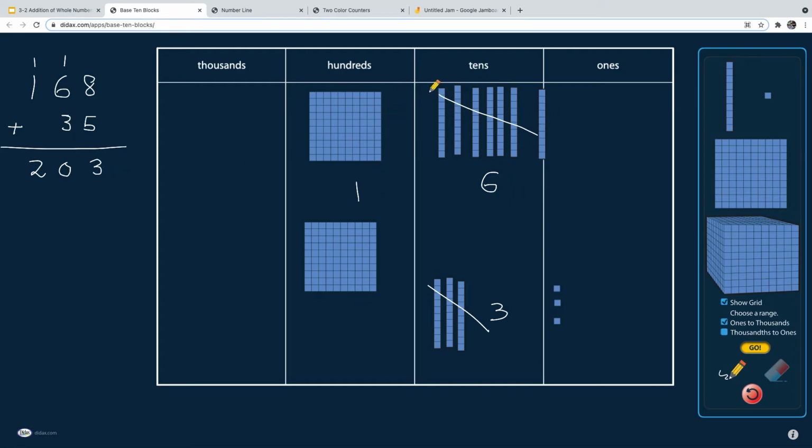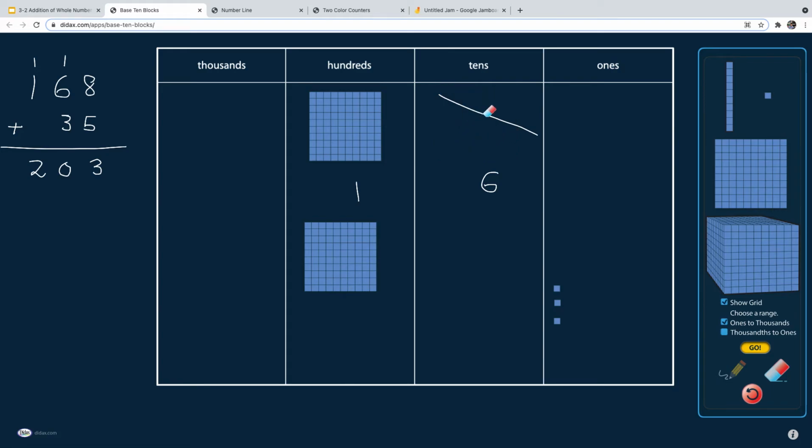You can either cross it out or you can literally erase them all, okay? Either way, it works. And what is left? You have 3 in the ones place. So you have 200, 0, 3, 203, okay?